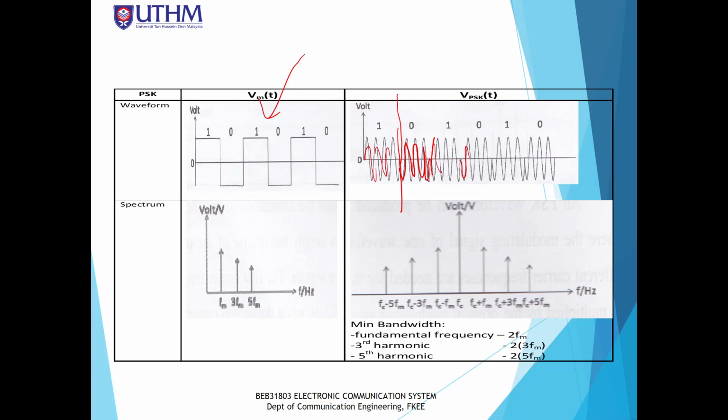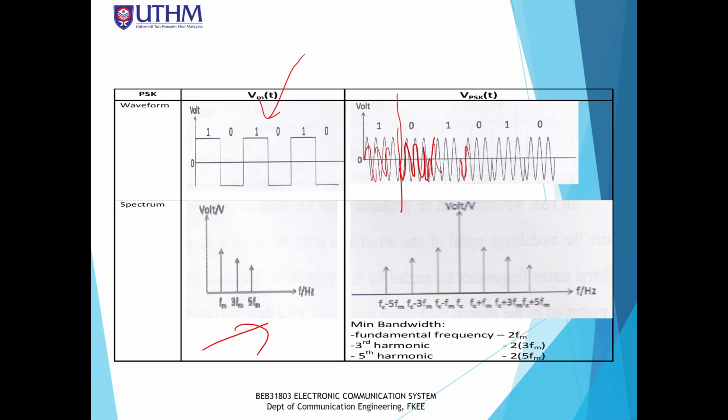Okay. So about the bandwidth for the BPSK, you see that here the bandwidth of PSK is as follows. The bandwidth of PSK is equal to 2 FM.